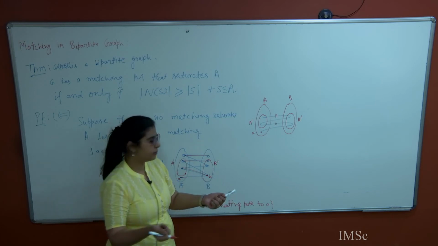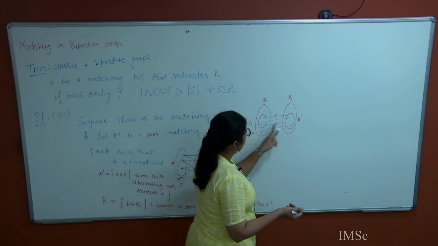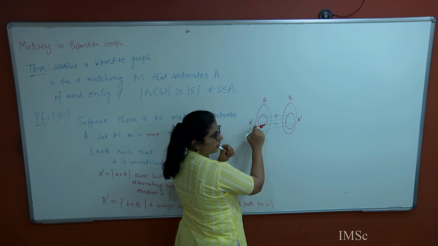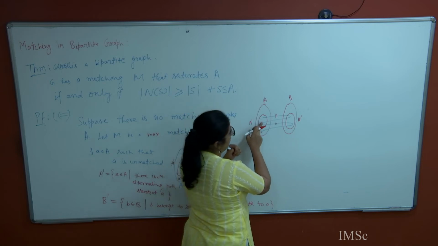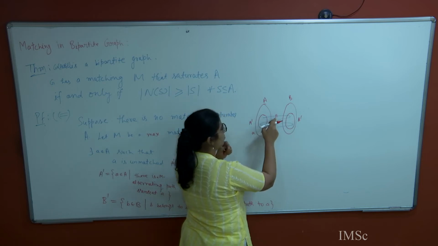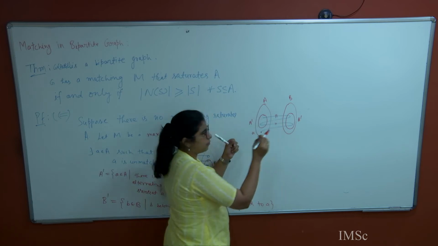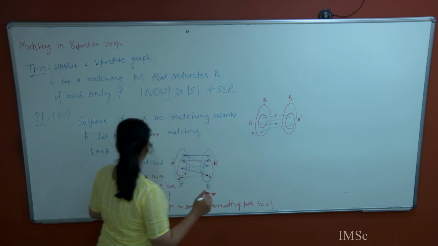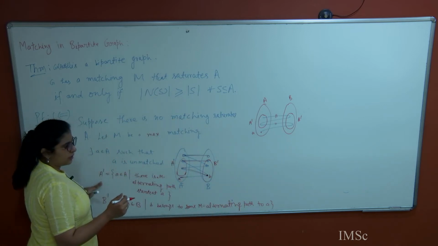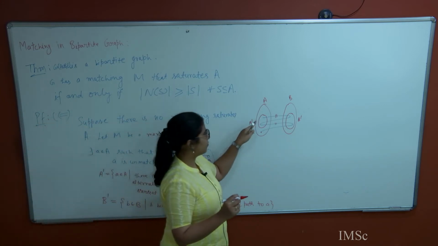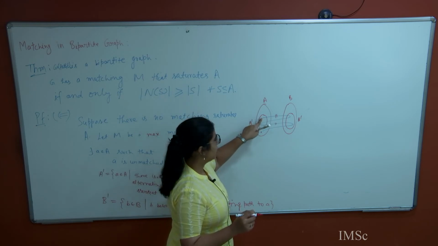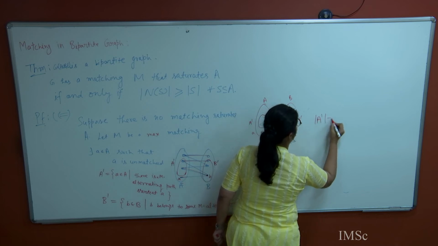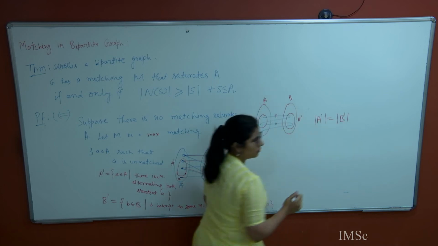So always you are entering A prime with some matching edge and then coming back with some matching edge. We have defined A prime first, and we are looking at the alternating paths from set A. So that means the cardinalities of A prime and B prime are the same. Is it okay?